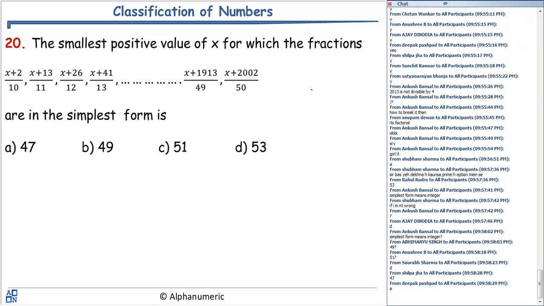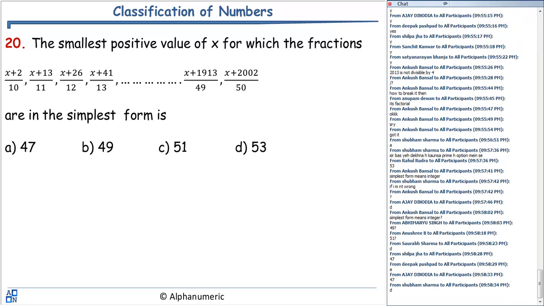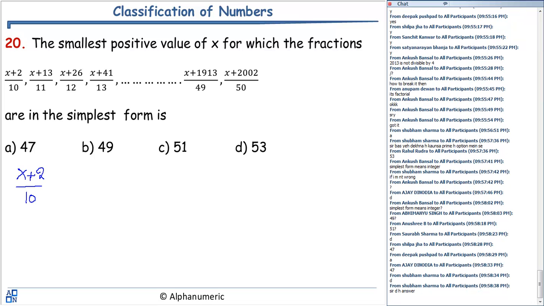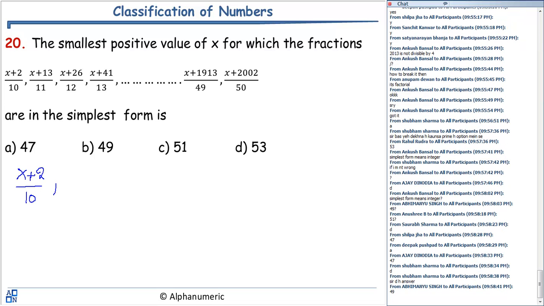Okay, let's check. It says x plus 2 by 10. So the first number is x plus 2 by 10. The second number is actually x plus 2 by 11, and 1 will be common. Now you can see 11 ones are 11, 11 plus 2 is 13.